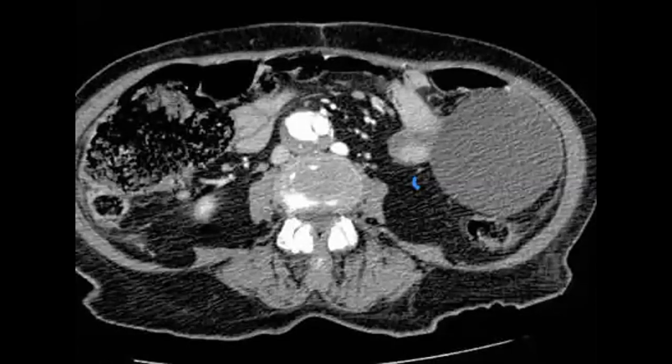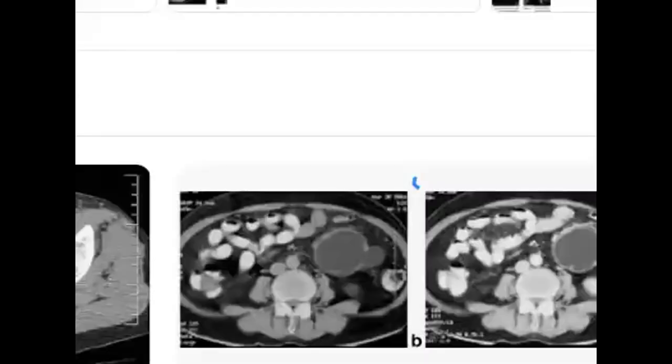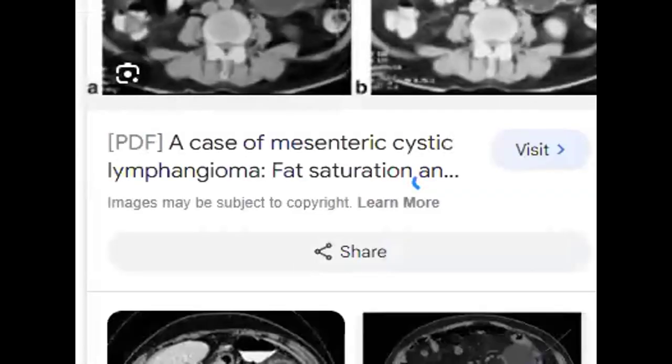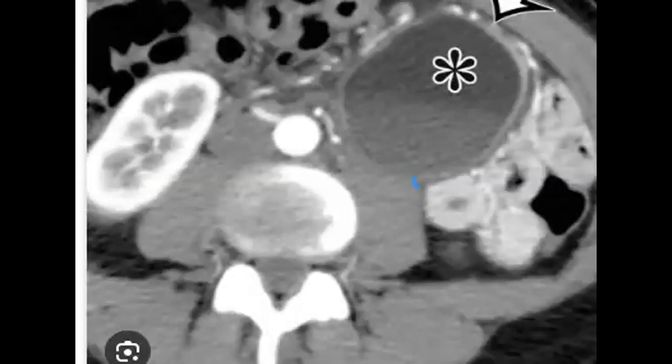If there is a previous surgery or a surgical site, then we can think about a lymphocele. And if this patient has a history of pancreatitis, then you have to think about pseudocyst. And if it is multilocular, you can think about lymphangioma.